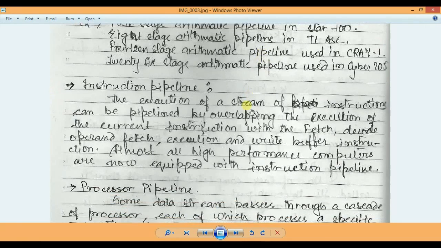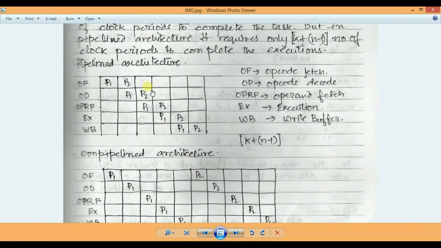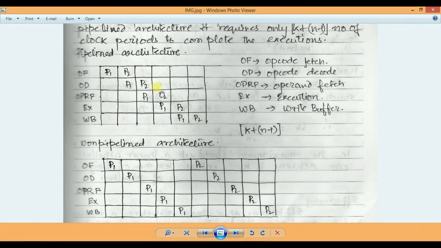Instruction pipeline: the execution of a stream of instructions can be pipelined by overlapping execution. That is this one which we are talking about here. The instructions are coming and we are pipelining them here.